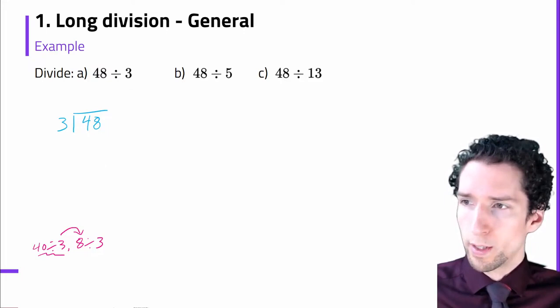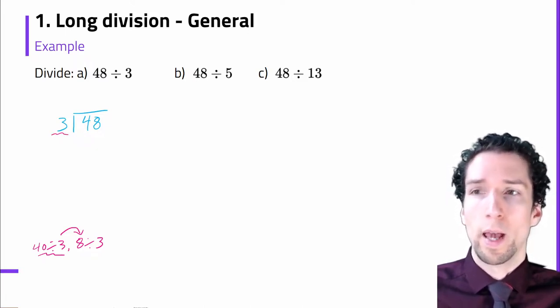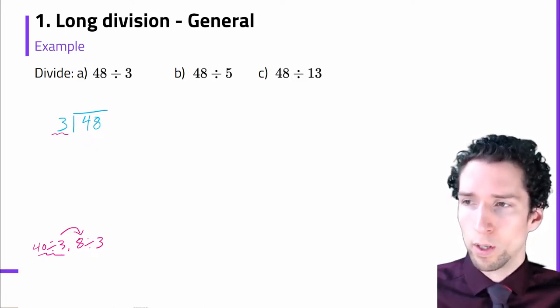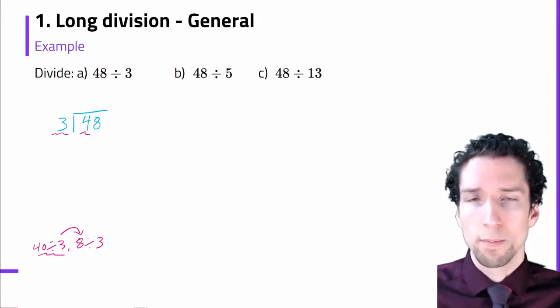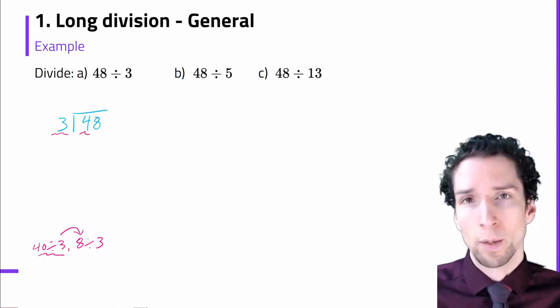Our process here: we take our number and divide into the smallest possible part that we have. So can 3 divide 4? Is 3 smaller than 4, can it go into 4? Yes, it can. How many times?